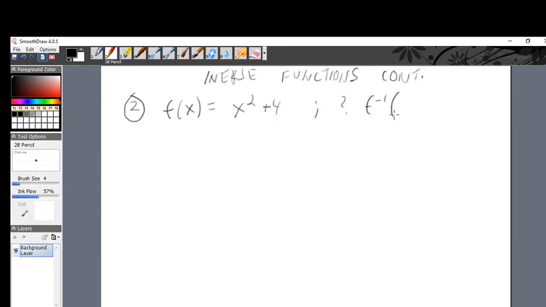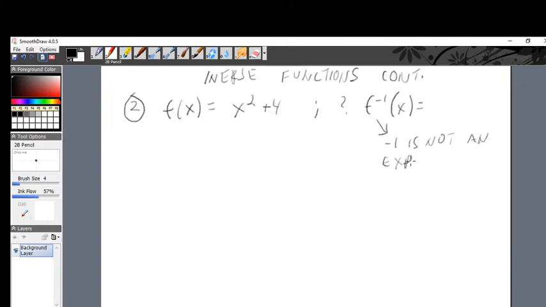And the question's going to be the same as before. What is the inverse function of f of x? And it's got the fancy notation f -1. That does not mean exponent. That means inverse function. -1 is not an exponent.